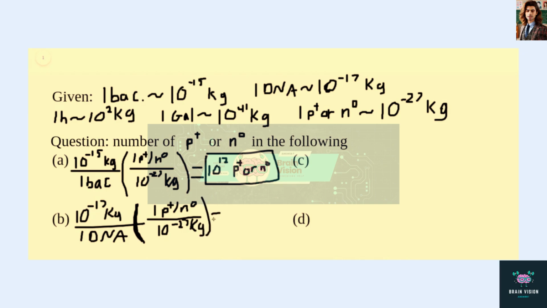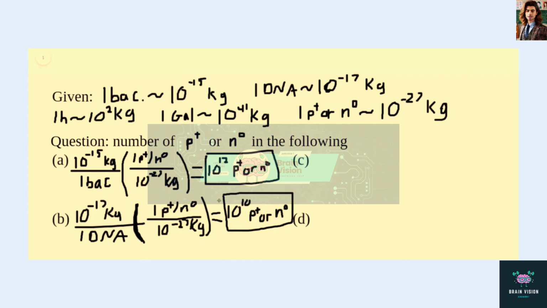Carry that out, and that gives you 10 to the 10 protons or neutrons. Box that in as our solution to part B.